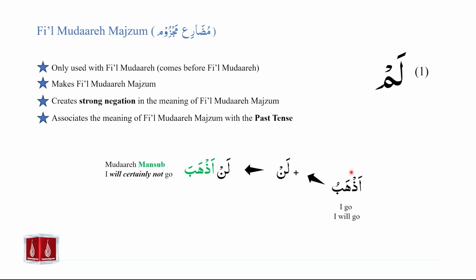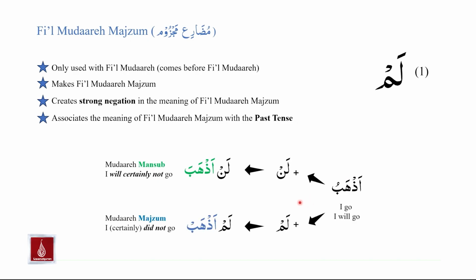Let us take azhabu once again and this time add lam. So if we add lam to azhabu, we get the result lam azhab. In the example above, we saw lan azhaba, where azhaba is mansoob. In this example, lam azhab indicates that azhab is majzoom, and azhab is majzoom because of the effect of lam.